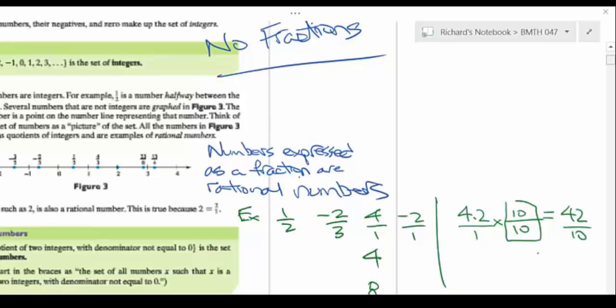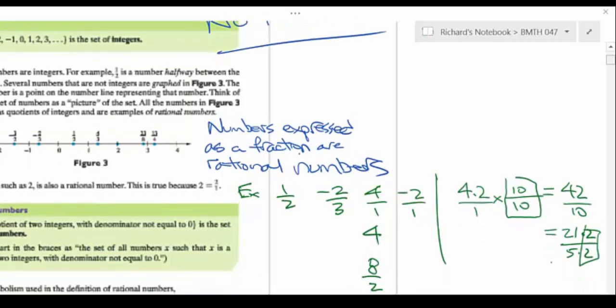Well, 42 over 10, that fraction, I can write as 21 times 2 divided by 5 times 2. Once again, anything divided by itself is 1, so 4.2 can be written as 21 over 5. So any non-repeating decimal number can be written as a fraction and as a rational number.